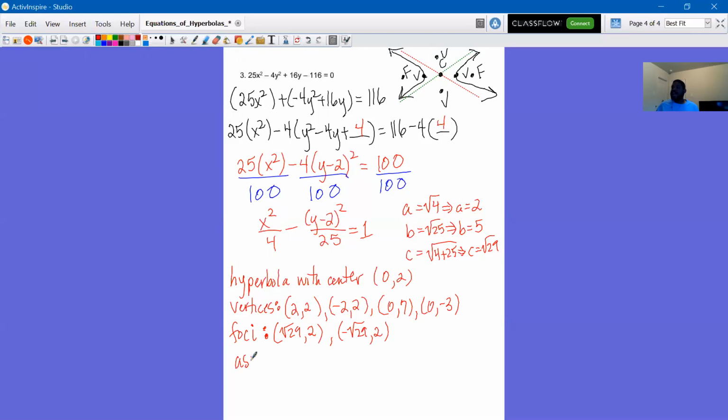And then we write our asymptotes in point slope form. Remember, your slope is always plus or minus b over a.